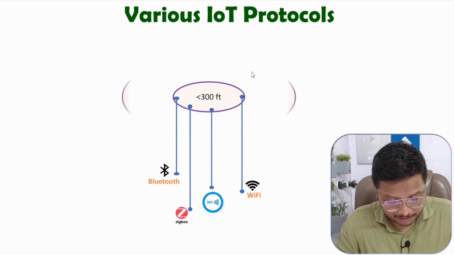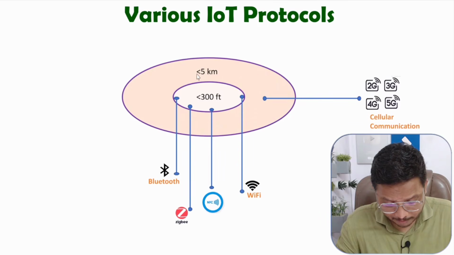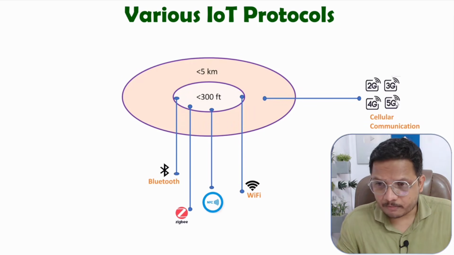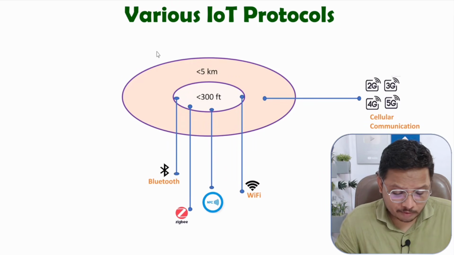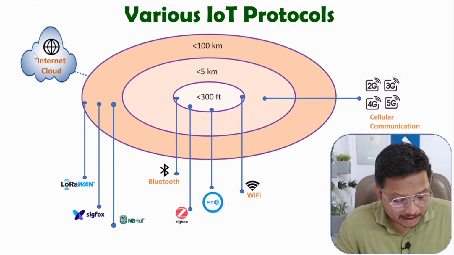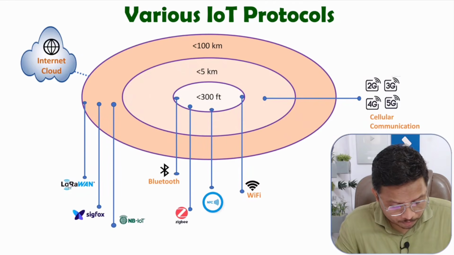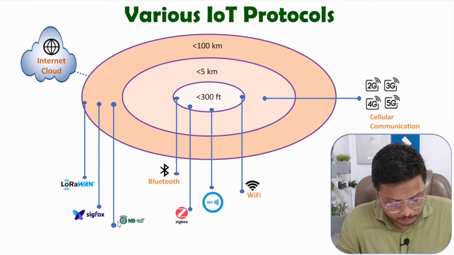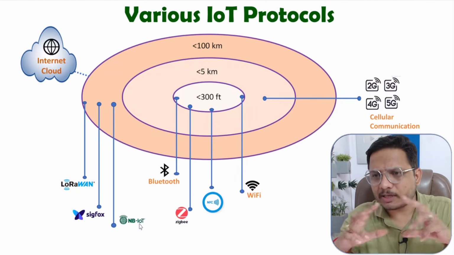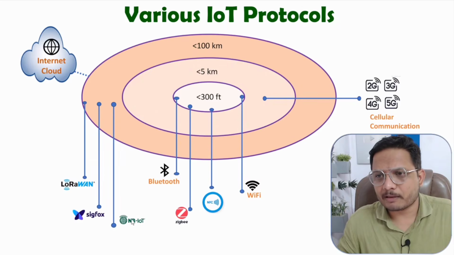If the range of connectivity is below 5 km, then we can go for cellular communication protocols where we have 2G, 3G, 5G protocols. And for lower than 100 kilometers, data will be there on the internet cloud where we have protocols like LoRaWAN, Sigfox, and NB-IoT. So likewise, based on range also, varieties of protocols are available.